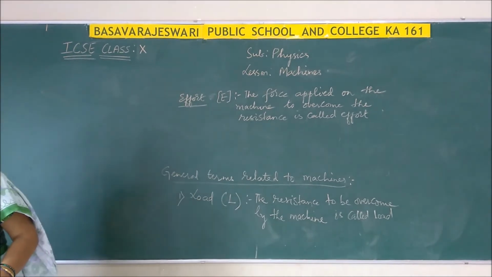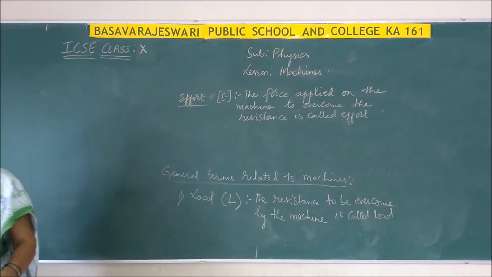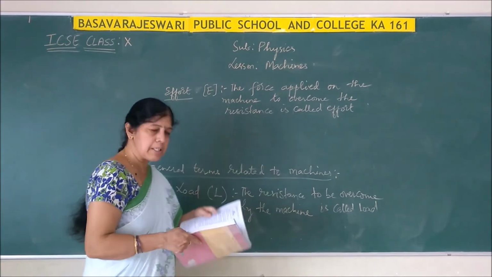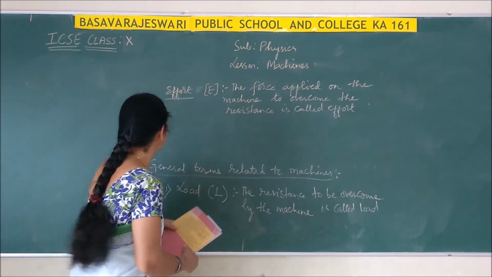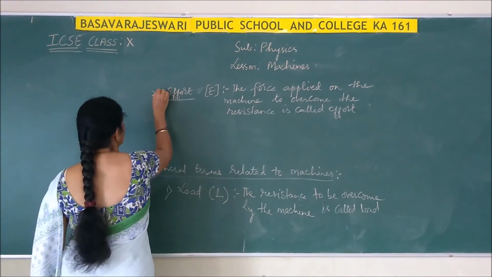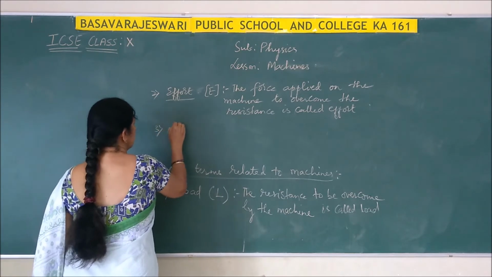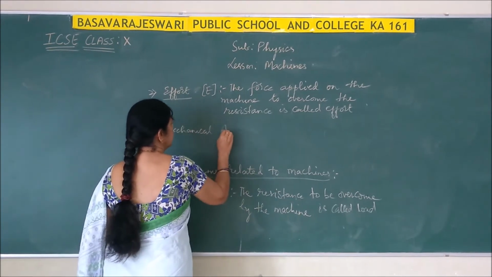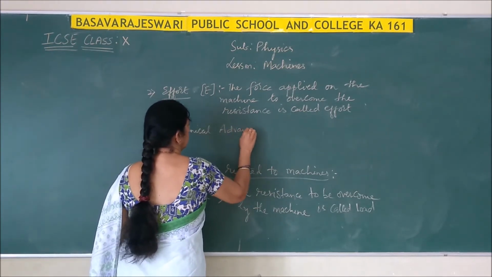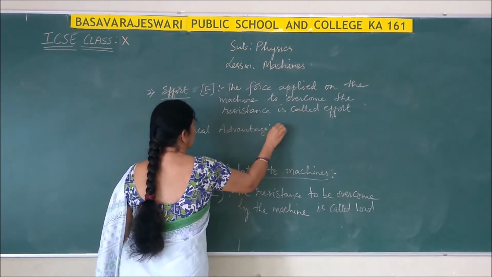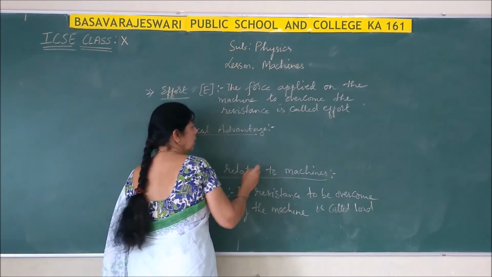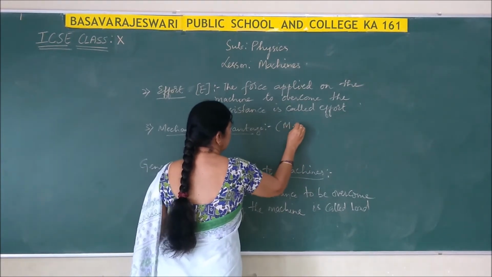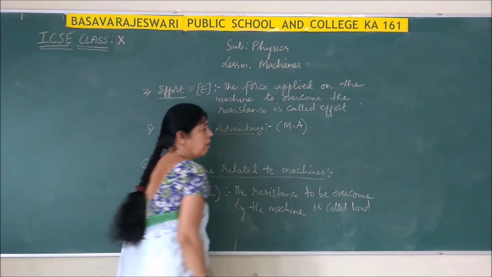So remember, load is represented by the letter L. Effort is represented by the letter E. Now, the third one is mechanical advantage. Mechanical advantage, usually we will write it as MA for short.